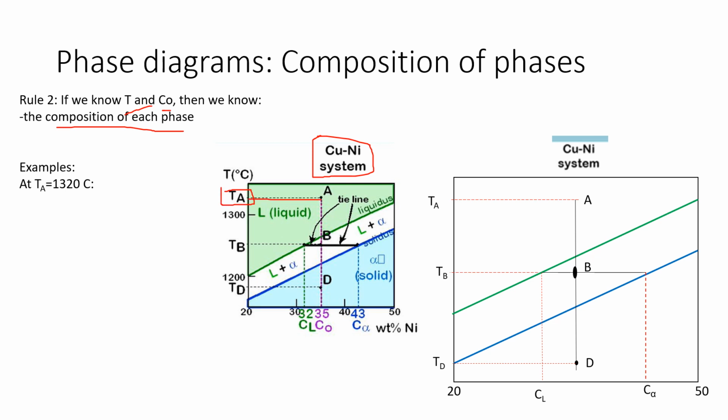The examples are: at TA the temperature is 1320 degrees centigrade. Three points are given: point A, point B and point D. At TA the temperature is 1320 degrees centigrade, and only the liquid phase is present at this point.